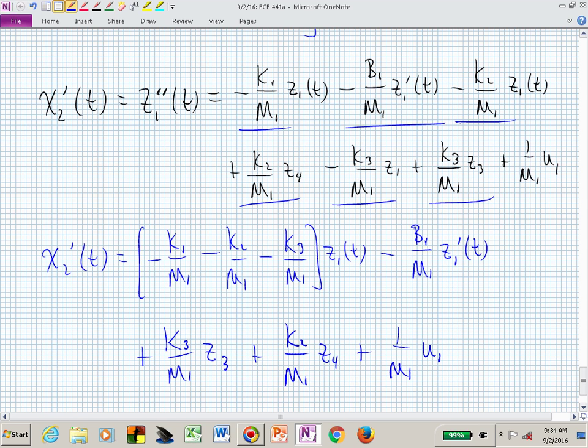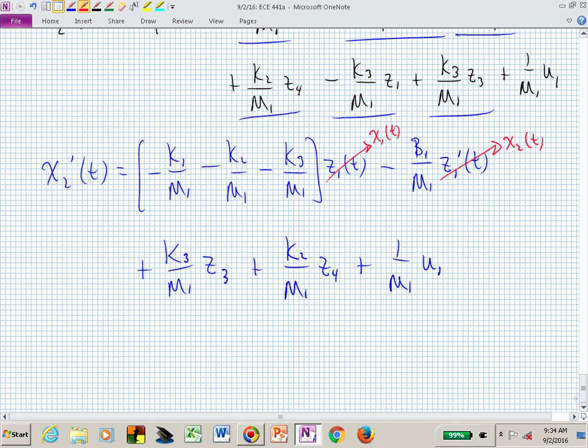But I don't want z's, do I? I need to replace those with their associated x's. This z1 was just x1 of t. z1 prime, that was x2. z3, the position of mass 3, was x5.